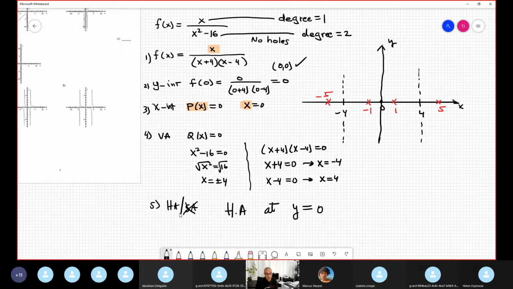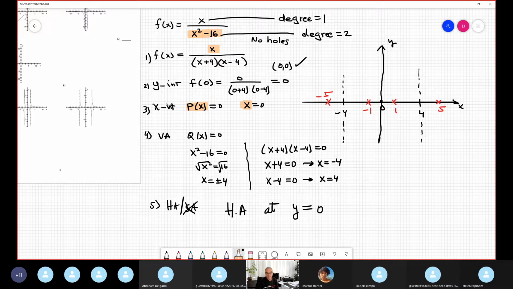But in this case, no, it's special, because the degree of the denominator is bigger than, not necessarily 1, bigger than 3 and 1, 4 and 1, something and 1. So this is special, and it is always at y equals 0, because one point of view to understand this is that the polynomial in the denominator is increasing much faster than the numerator. Therefore, the quotient keeps decreasing, decreasing, but is never zero, so it approaches zero.